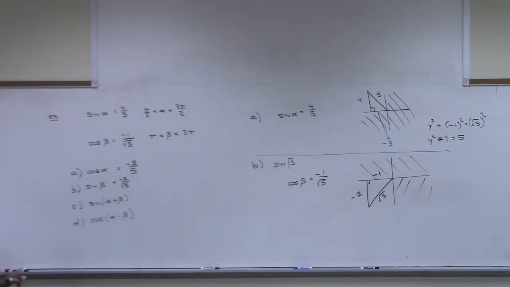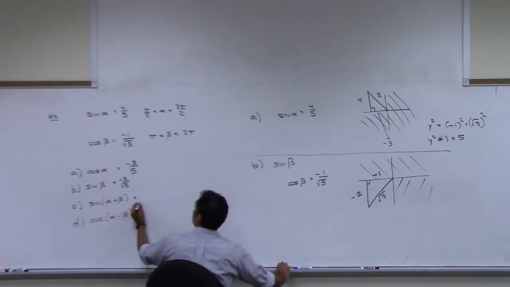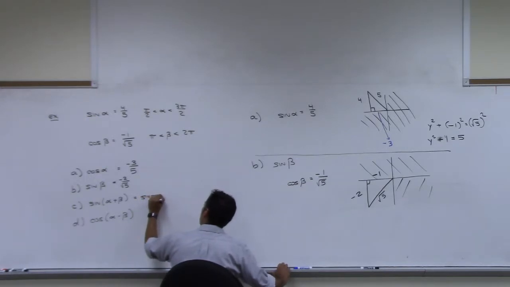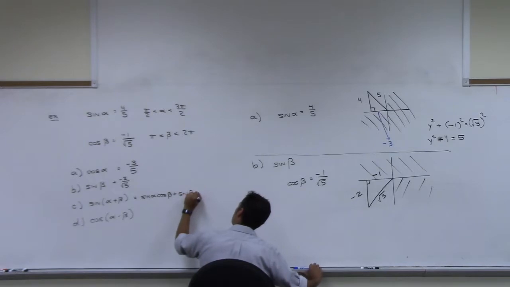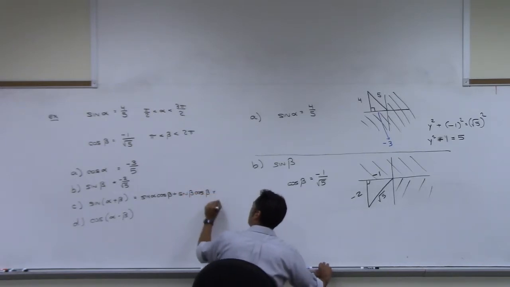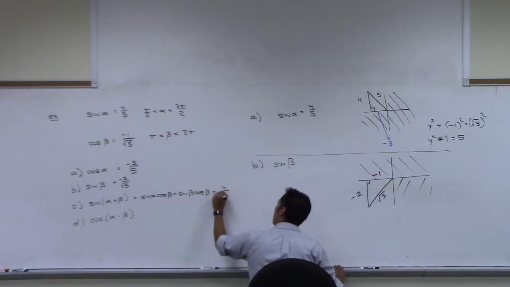You ready? Sine of alpha plus beta will be sine alpha cosine beta plus sine beta cosine alpha. That's the formula. Equals, what is sine of alpha? 4 over 5.